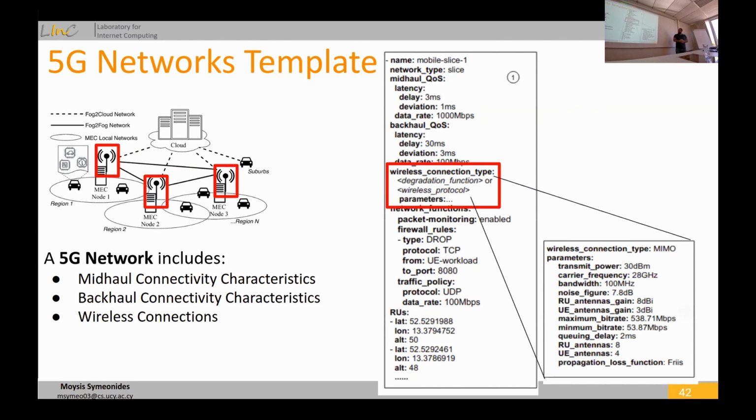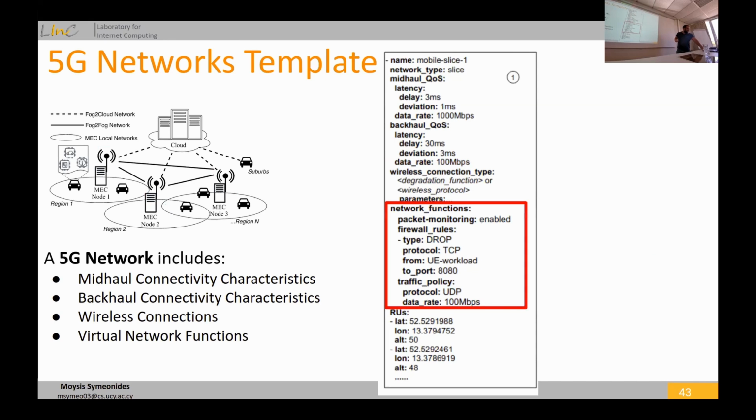Also, we have wireless connections, but in these connections, we don't have static QoS. For that reason, users can introduce parameters for the base station, for the antennas actually, and for the mobile devices. These parameters will be translated into the respective QoS based on the positioning of the mobile node.